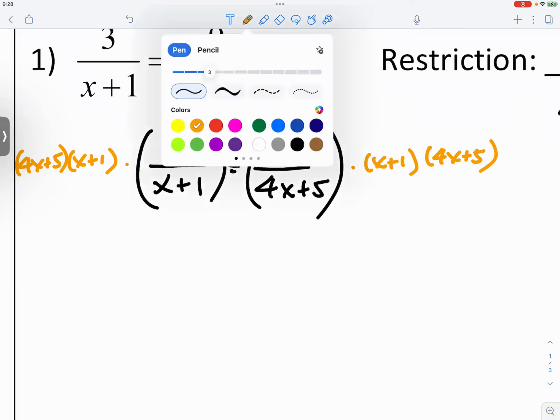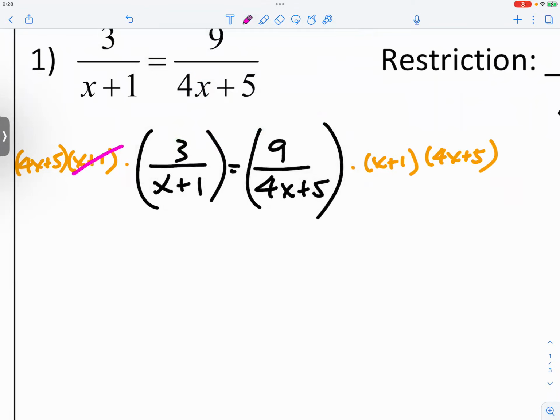So once you do that, you can see how the x plus 1 would get canceled out on the left. You can see how the 4x plus 5 would get canceled out on the right, but just make sure that you are doing the same multiplication on both sides. You multiply by x plus 1 on both sides, you multiply by 4x plus 5 on both sides. So on the left, what you're left with is this. On the right, what you're left with is this.